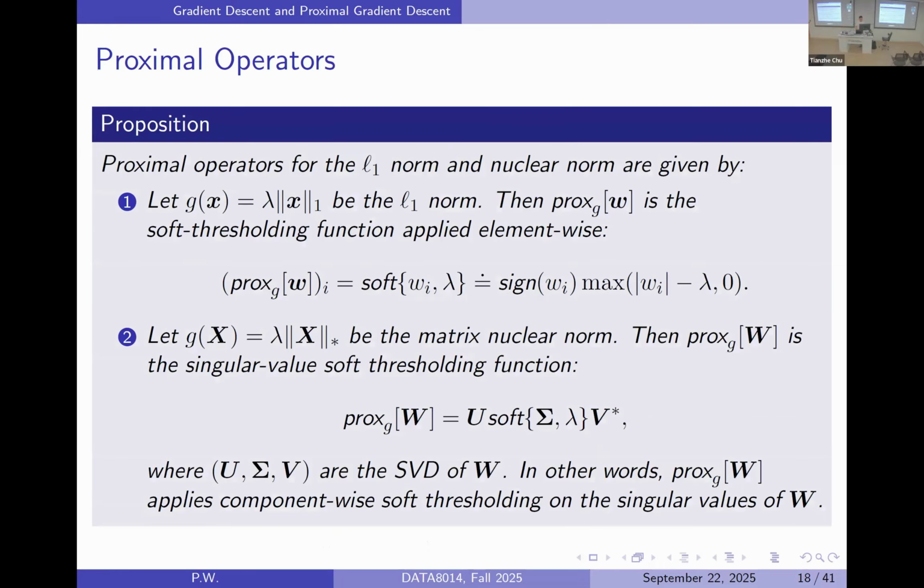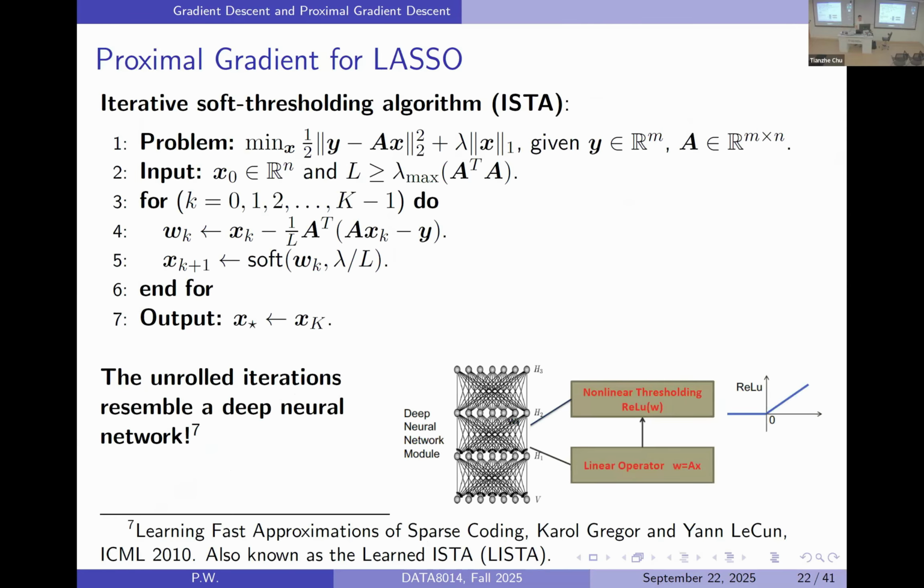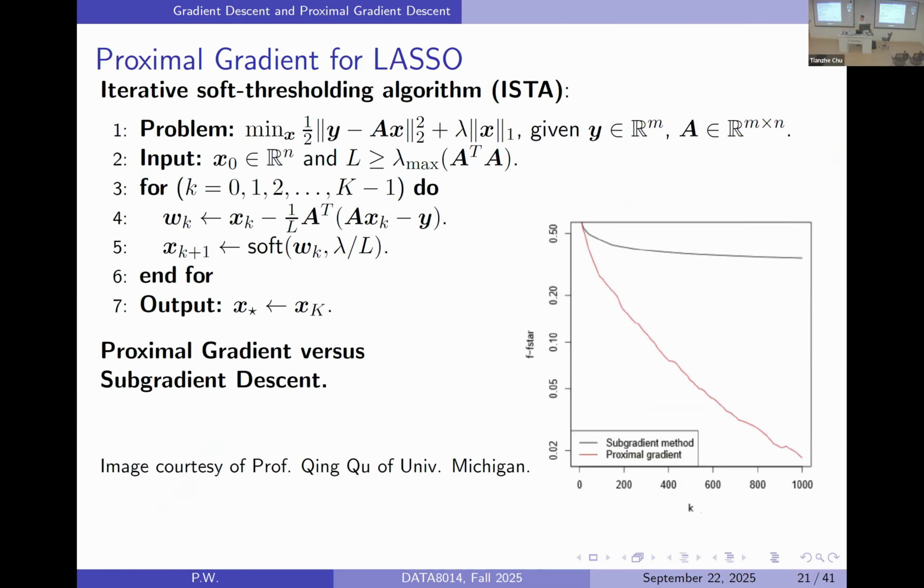Here we give a concrete example, like the last problem we have introduced before. This is typically the composite of a convex smooth function plus a non-smooth convex function.